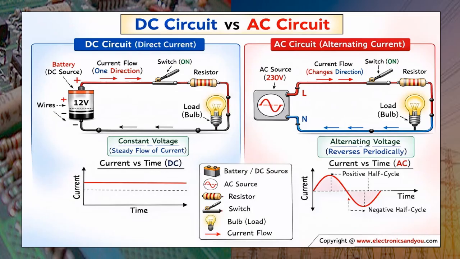And later, when you look at AC current, you will see the features or properties of AC current, like amplitude, peak-to-peak value, frequency, duty cycle, and period.